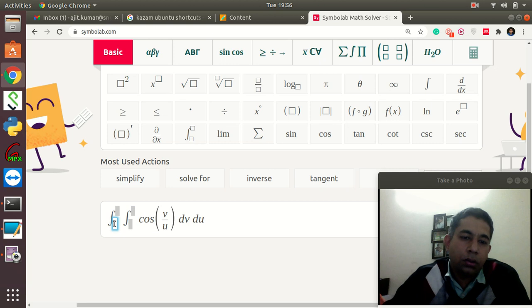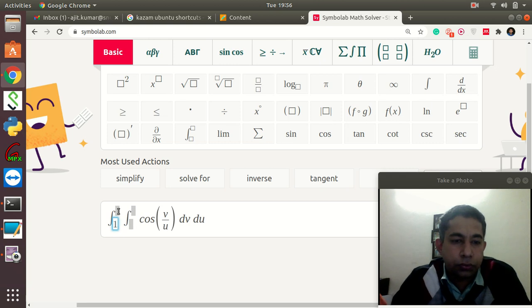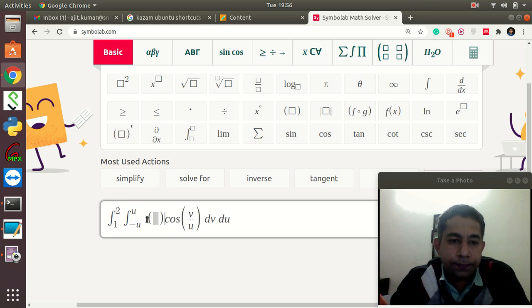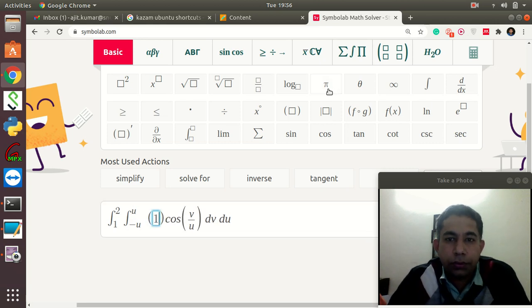Okay, u goes from 1 to 2, and v goes from minus u to u. Okay, and the whole thing is multiplied by 1 over 2.